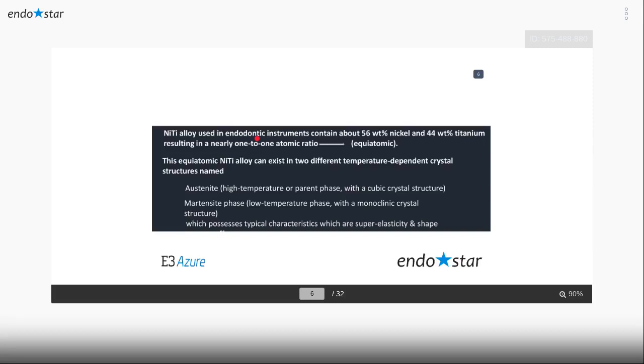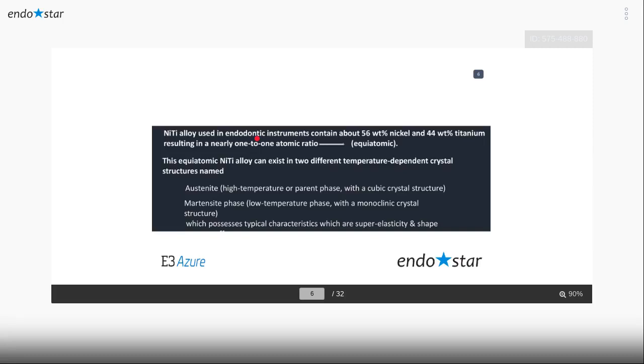But to be more clear, this equiatomic nickel titanium has two phases. We have the same percentage, so we will standardize it: 56% weight of nickel and 44% titanium. But there are two phases, the austenitic and martensitic phases.